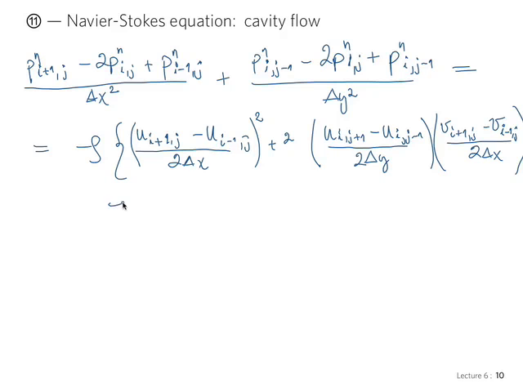And we have still this other term here that has dv dy, and it's squared, so v_i,j+1 minus v_i,j-1 divided by 2 delta y squared.